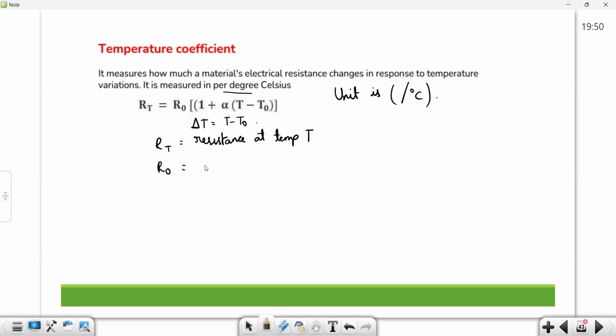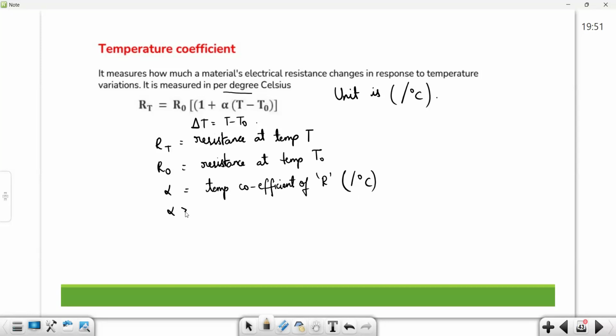R naught is equal to the resistance at temperature T naught. And what is alpha? The temperature coefficient of resistance. It is measured in per degree Celsius.